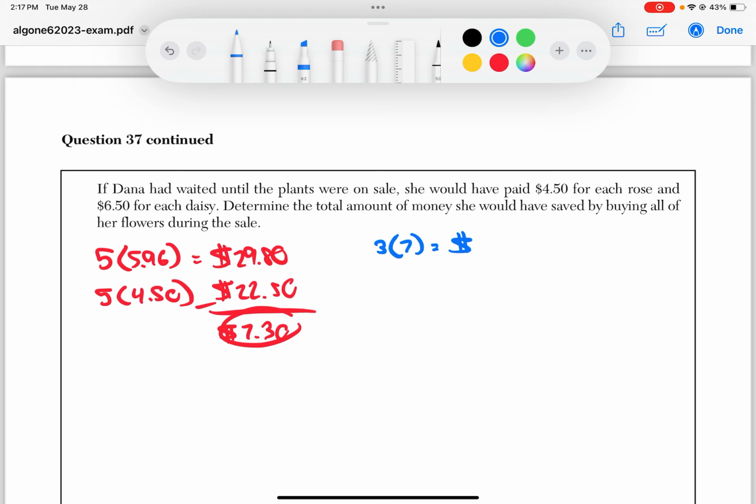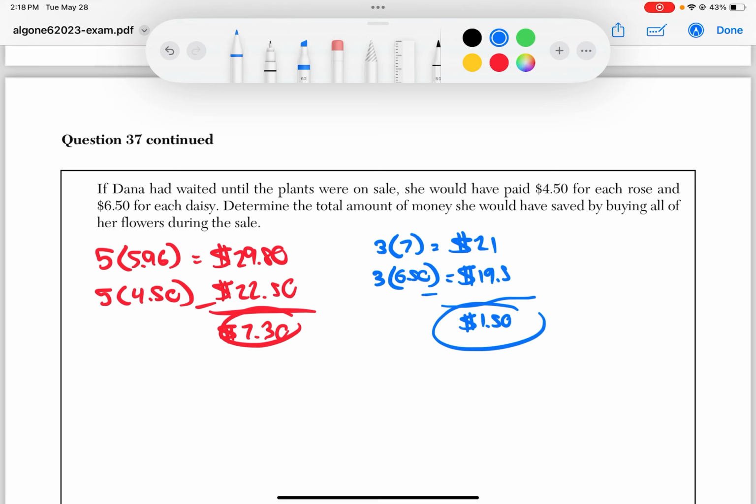So she spent $21. If she had bought it during the sale, she would have bought 3 daisies for $6.50 per daisy, which would be $19.50. So how much would she save there? She would save $1.50.